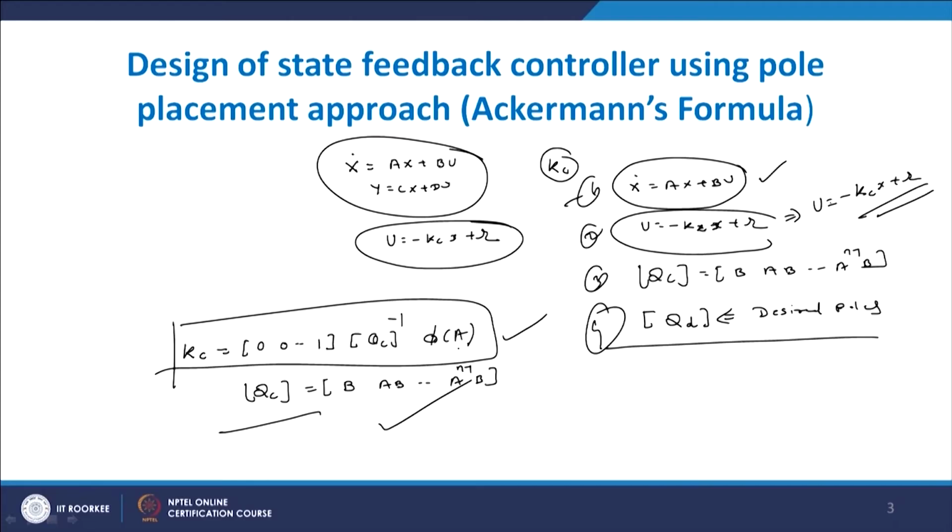So, this phi of A is nothing but the original characteristic equation, which is in terms of eigenvalues or lambda, in terms of characteristic coefficients, represented by phi of A. So, the Ackermann formula is nothing but the use of the Cayley-Hamilton theorem.